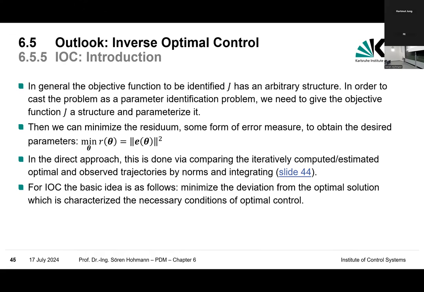And assume, if they are optimal, this residuum must be 0, as we know. The first order variation must be 0. And if it's not, we can tune the parameters according to that principle.